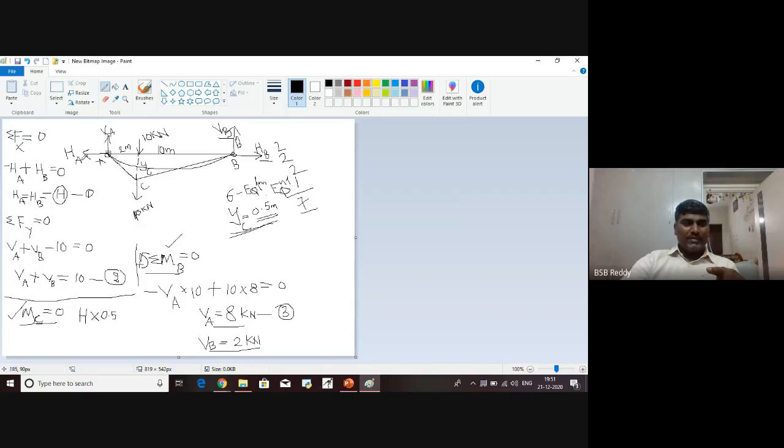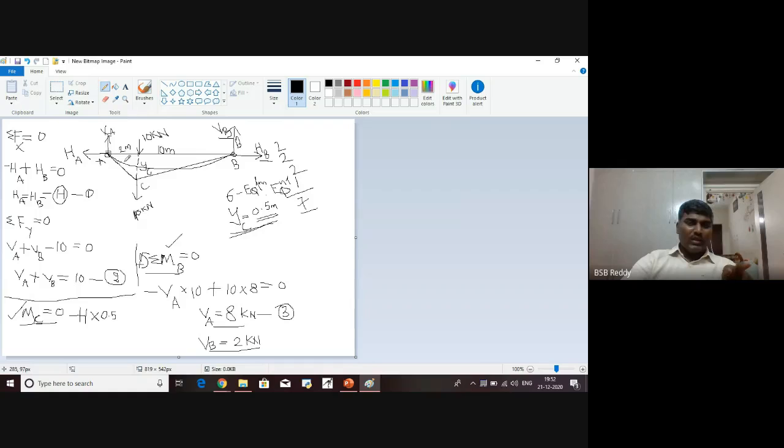What direction is it? Anti-clockwise. So what is left anti-clockwise? H gets minus. Here you have either anti-clockwise or clockwise can be positive. There is no condition there. There is no limitation. But here you should follow the sign convention. Left clockwise positive, left anti-clockwise negative, all that, right? Got it?